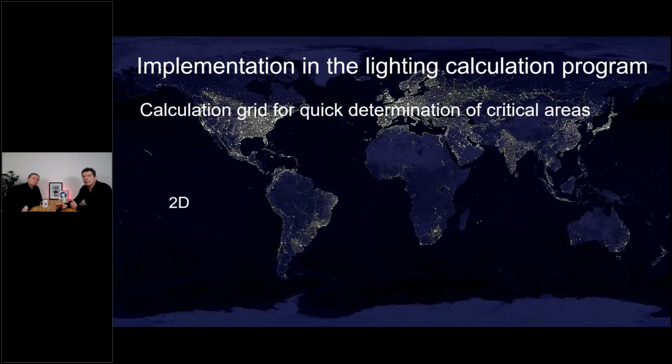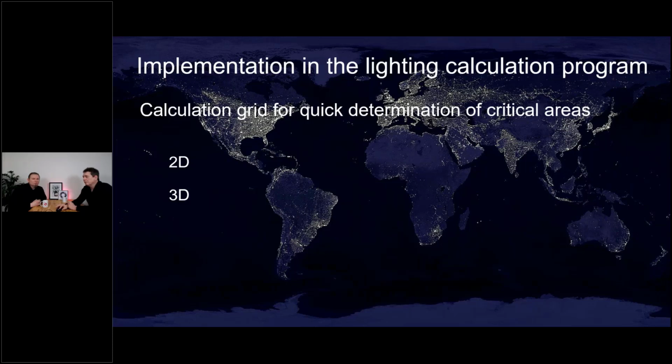And we will implement this in 2D, as you mainly know it from Relux, but we will also create the possibility to create a kind of 3D measurement, so that you can also check, for example, in front of houses on separate floors, how problematic values will be there.